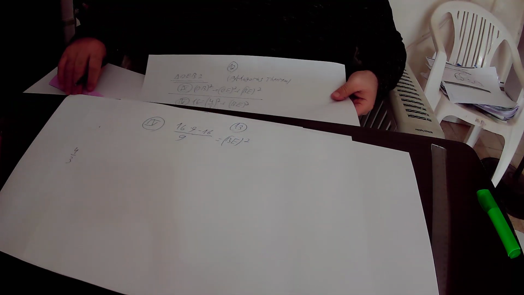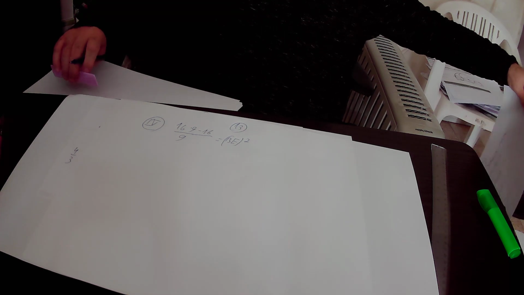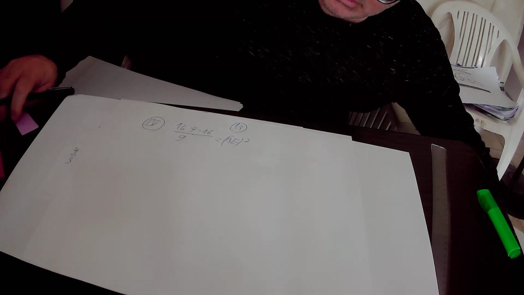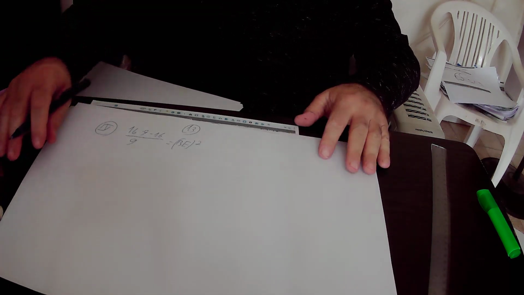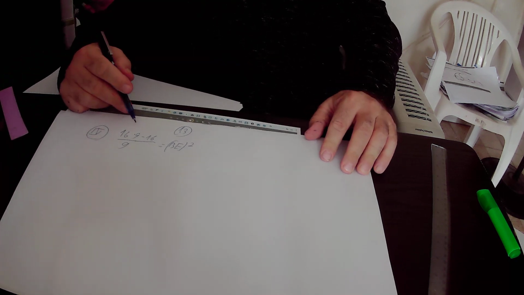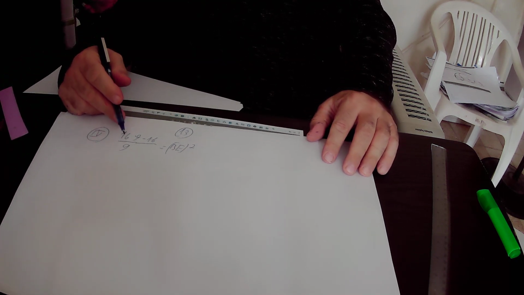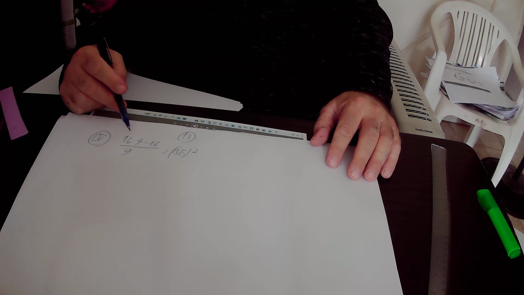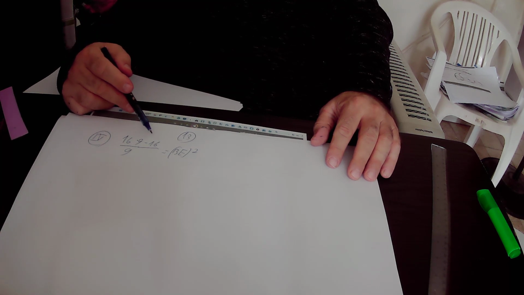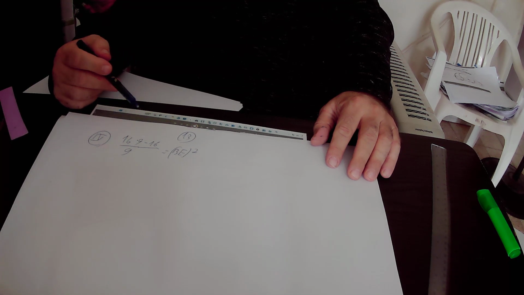We actually multiplied 16 by 9 and then divided by 9, so we change nothing, and then we have the common factor with 16 over 9.